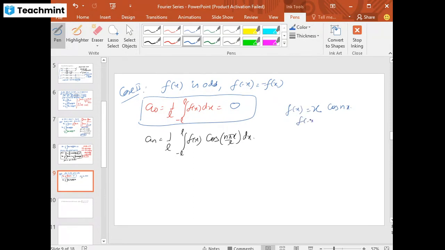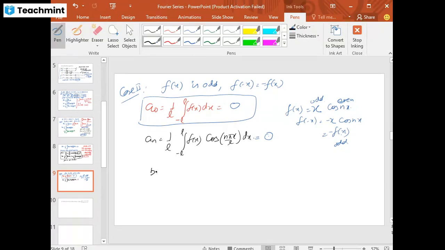So what is f of minus x? This is minus x, but cos of n minus x, if I replace x with minus x, cos of minus theta is cos theta. So it remains cos nx only. So the answer is minus of f of x. So it means that the product of an even and an odd function is an odd function. So this integration is also 0.